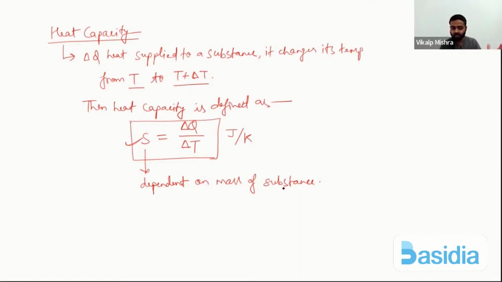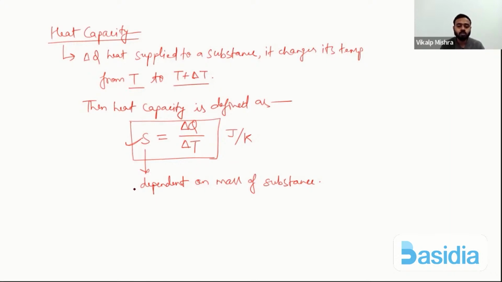If we have a massive block of aluminum and we are giving heat to that massive block, then its temperature will increase slowly. So that means this heat capacity is dependent on mass. We are seeing this topic, specific heat capacity, today. Then we will see state variables and equation of state.